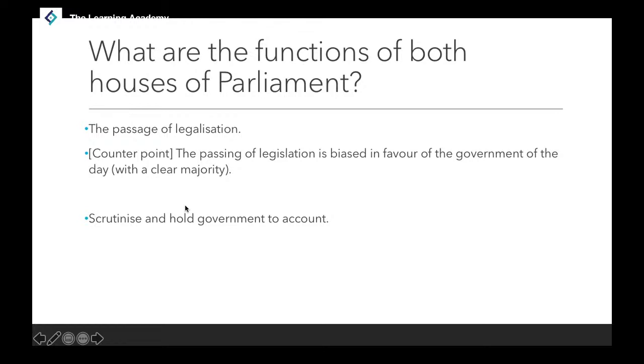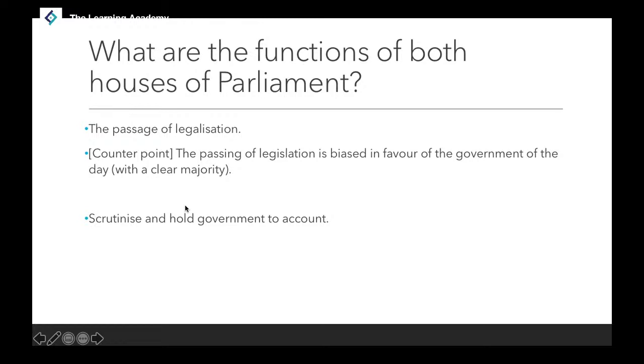I've got a video on the committee system if anybody wants to brief themselves on that. So these are all important ways in which the Houses of Parliament are able to scrutinise the government in the best way they can. Can anybody think of a counterpoint to that? Can anybody think of a counterpoint to what I've just mentioned?